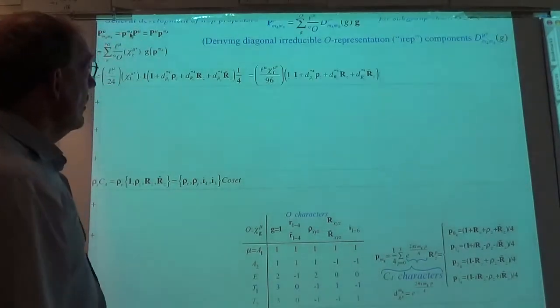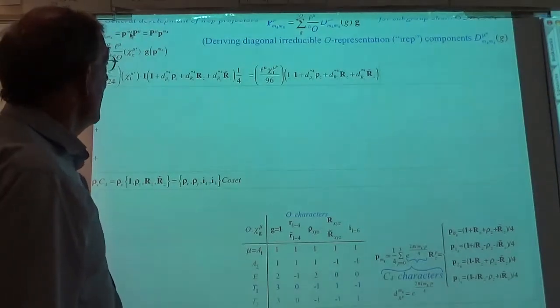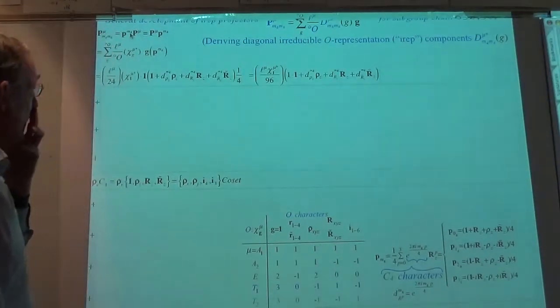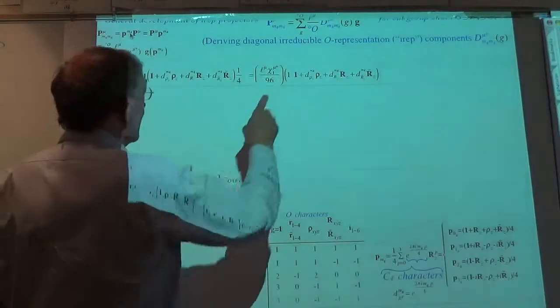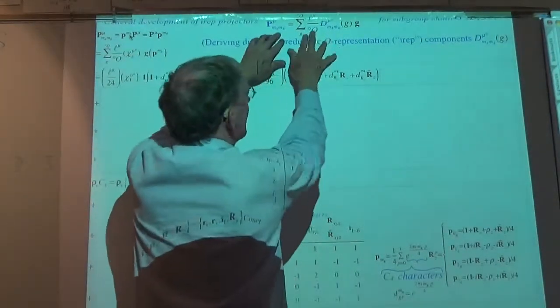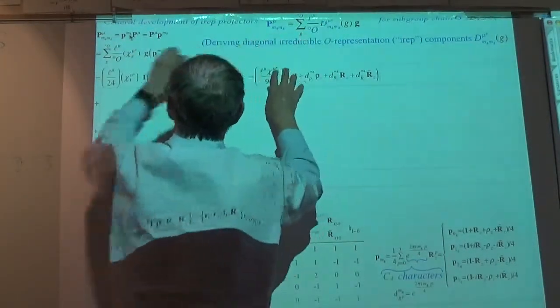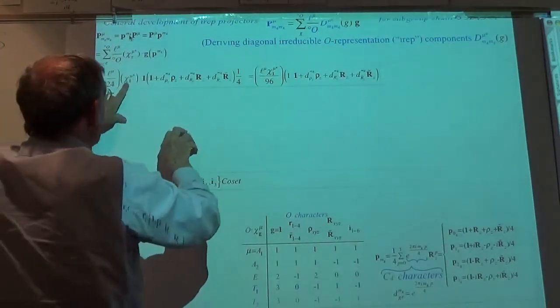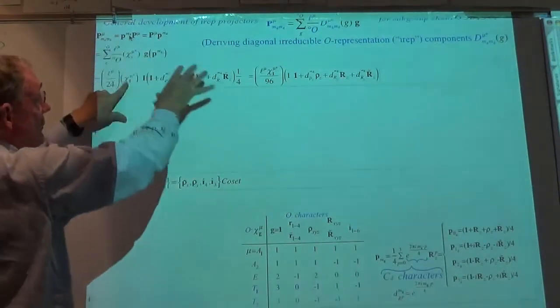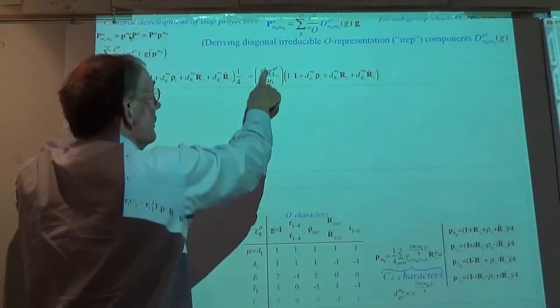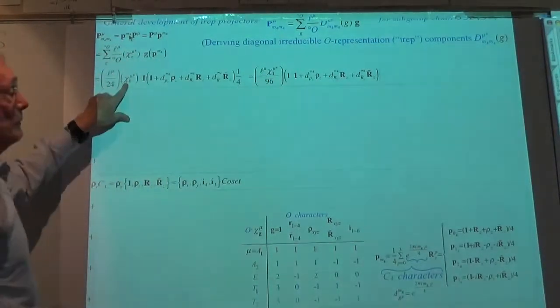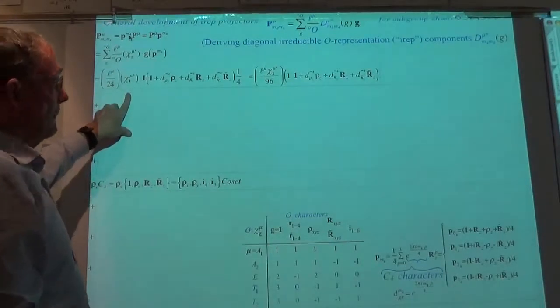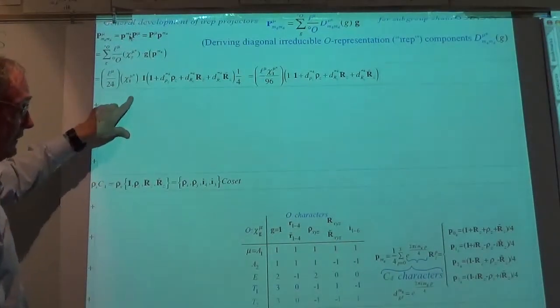Okay, so there we go. All I did here was take the order of the group, put in 24, and I haven't specified the representation yet. This is supposed to be general, so the mu that goes with the dimension factor is going to be put in at the end.